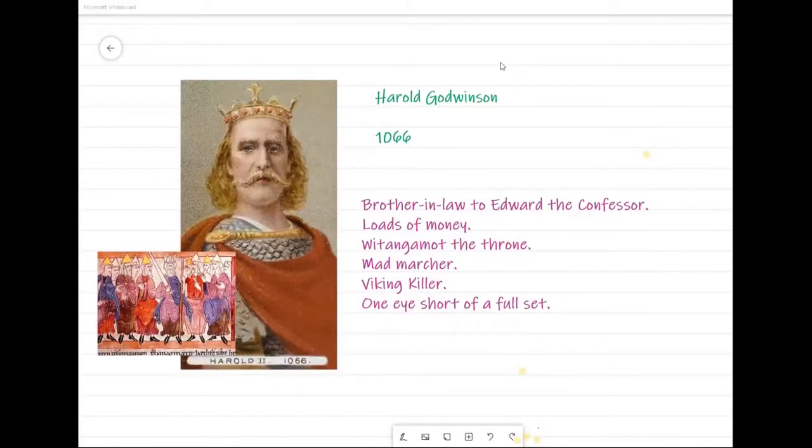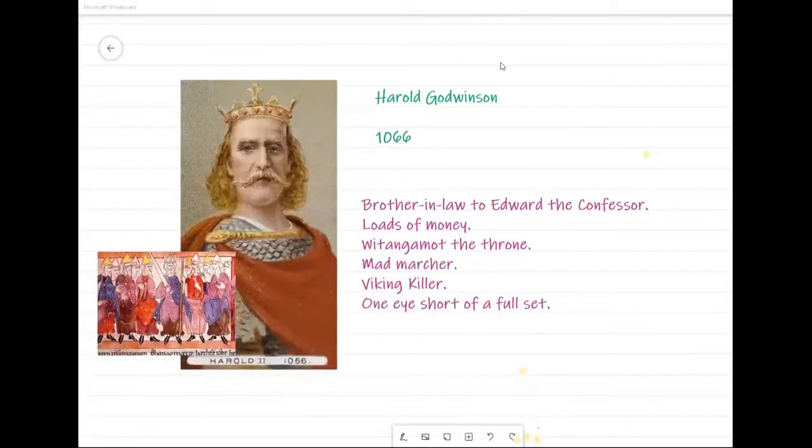So yes, Edward didn't have any children, but he did have a great nephew who was called Edgar the Atheling. Atheling is the name that we give to someone who gets to be the next king. Yeah, in France they call them the Dauphin or the Dolphin. In Britain, in English history, we call them the Atheling.